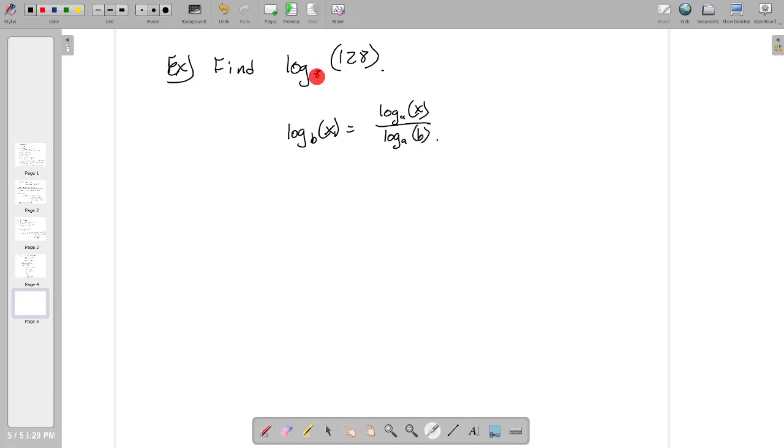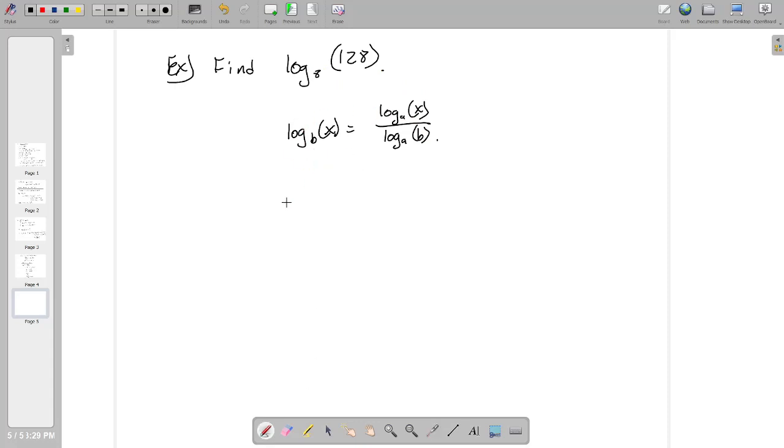So in our case, we're changing from 8 into 2, log base 2. So my b is going to be 8, my a is going to be 2. And then you pattern match this.